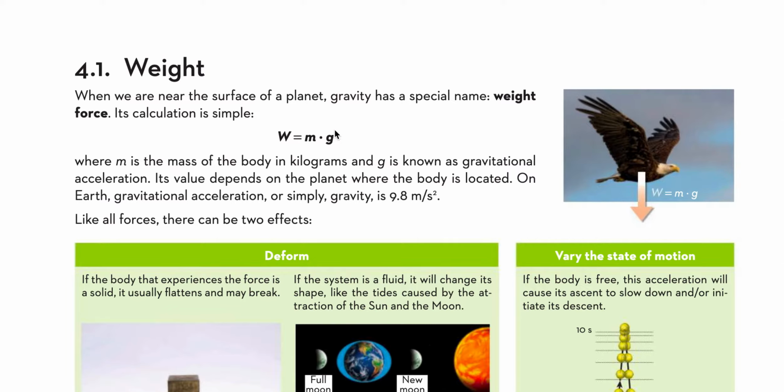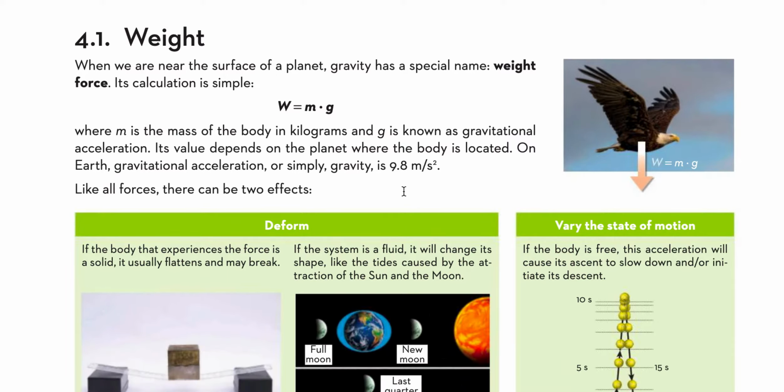This acceleration of gravity depends on the planet. For example, on our planet, the Earth, it is about 9.8 meters per second squared, near the surface. For example, this eagle has a weight force that can be seen using this vector pointing towards the Earth.